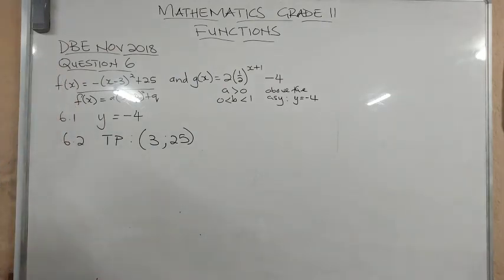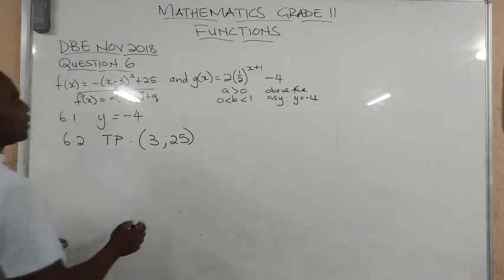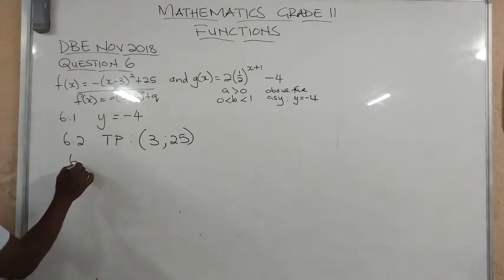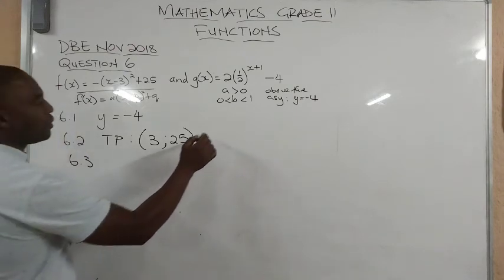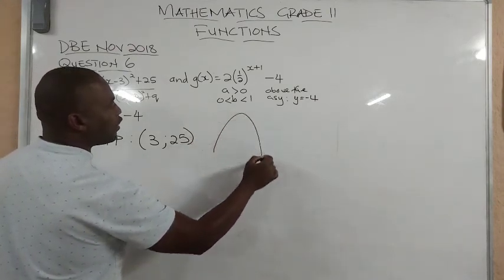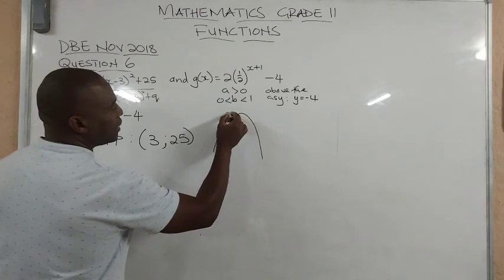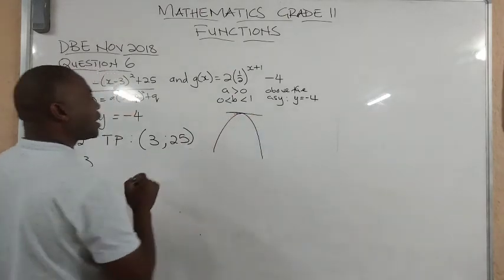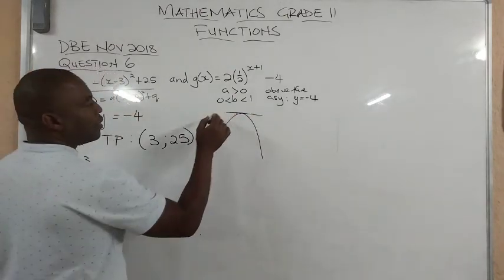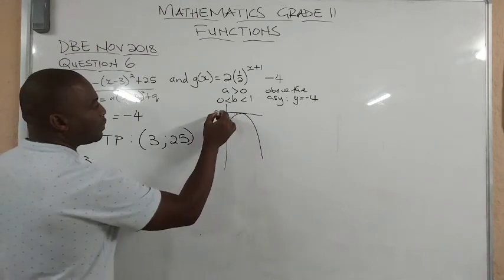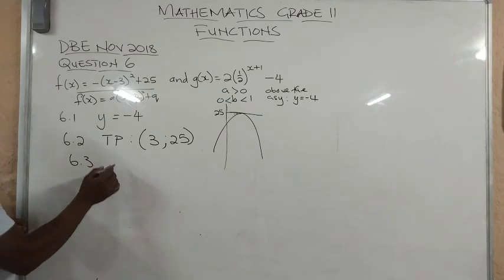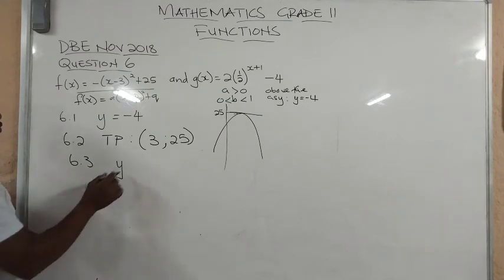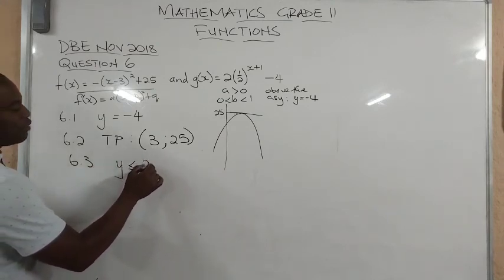6.3, you are asked to find the range of f. That is, we notice that our graph f is like this, and the range, we are talking about the values of y, and we know the maximum value of y is 25, so we are simply saying values of y are less or equal to 25.